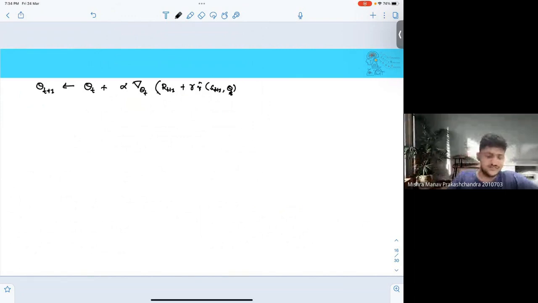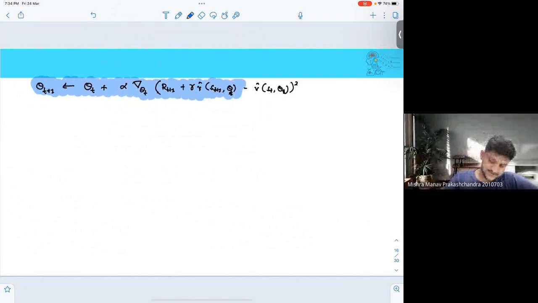I should mention the subscript t. Minus V hat S_t theta_t, the whole square, right? This is how the update rule should look like. This is also highlighted here. Cool.